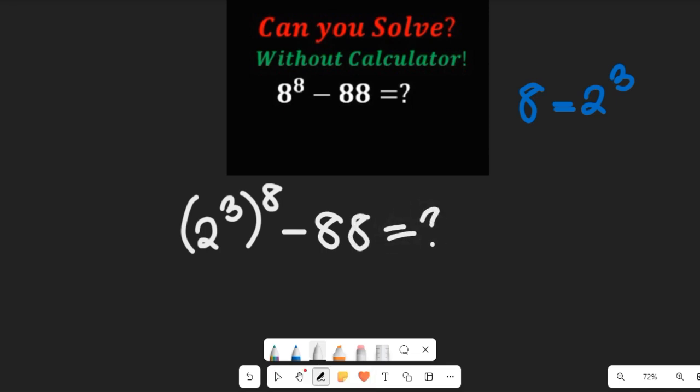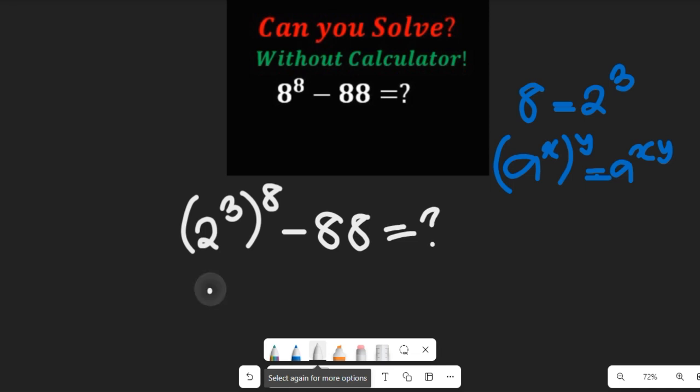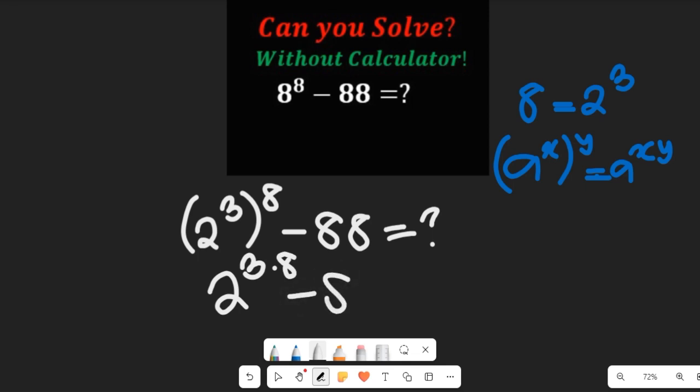Now, looking at that expression very well, I can apply one certain law of indices. Remember, if you have a to the power of x, all to the power of y, this can be equal to a to the power of x times y, right? So I can simply break this out to give me 2 to the power of 3 times 8, minus 88.